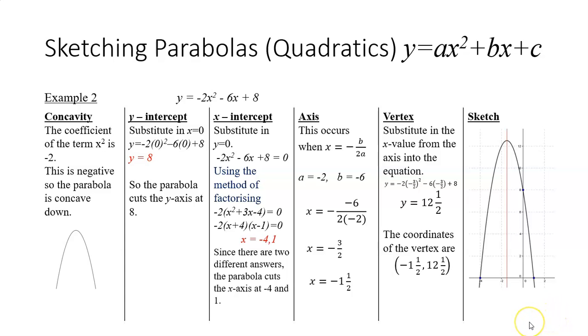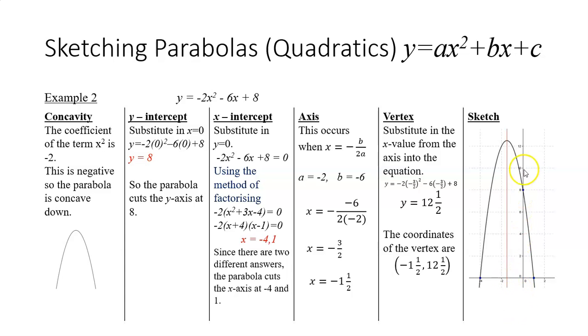And I've just changed the scale a little bit just to make it easier to produce the diagram. But you'll notice we've got negative 4, 1, cuts through at 8, goes up to 12.5, but you might not be able to read that because I've changed the scale a little bit. And we've got negative 1.5 here, which again I've changed the scale, so just be careful.